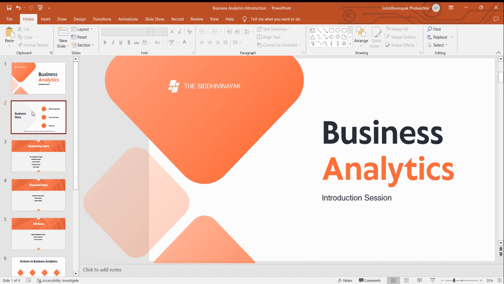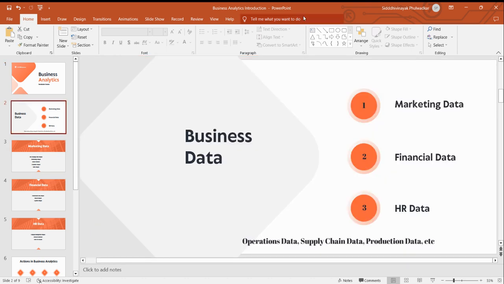Okay. So first of all, let us see in any of the businesses there are different departments, and in different departments there will be different kinds of data sets. As I have mentioned to you, three major departments of any business are marketing, finance, and HR. There are other departments also like supply chain, warehousing, operations, IT might be there. Many other departments are there. Correct.